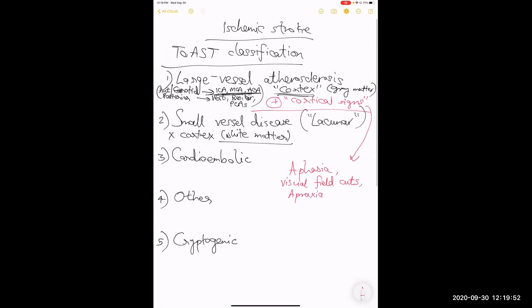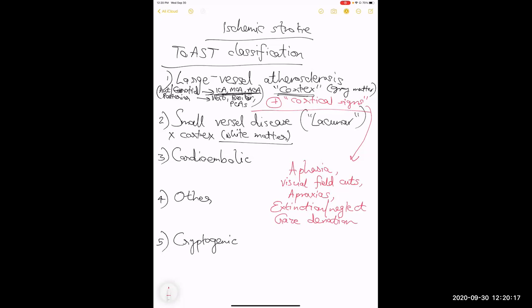Apraxias, for example, are considered a large vessel sign. The other common thing you will see clinically would be something like extinction or neglect, gaze deviation to one side. Remember, patients with stroke always look towards the side of the stroke.